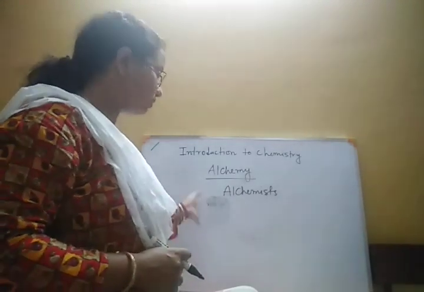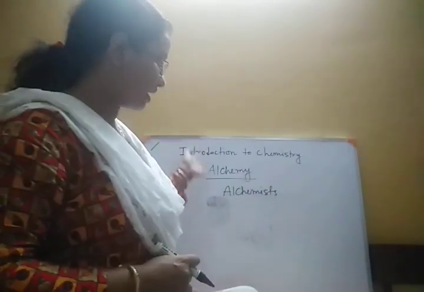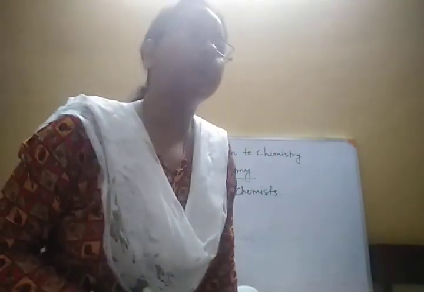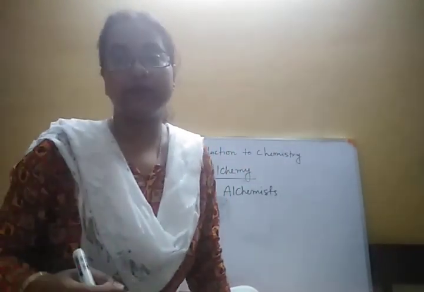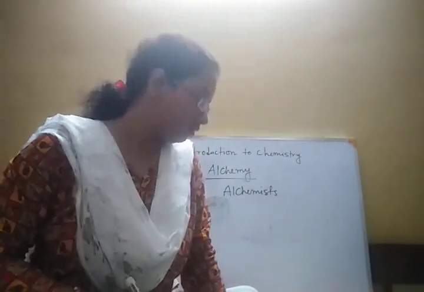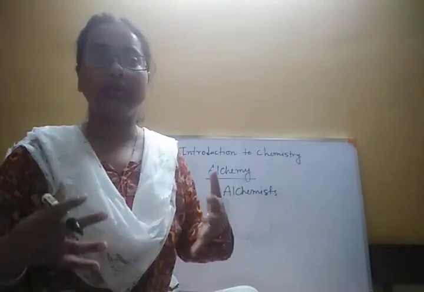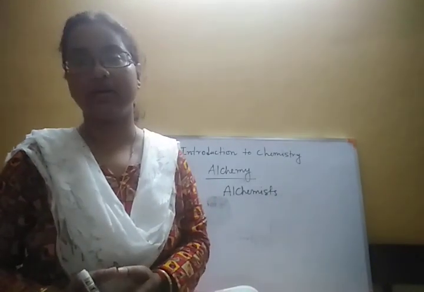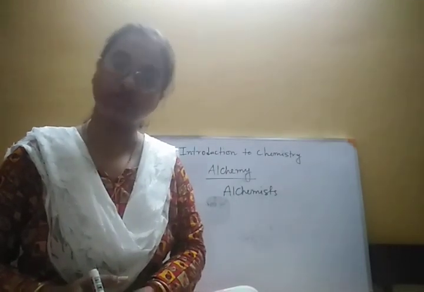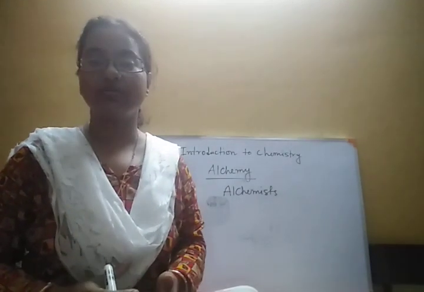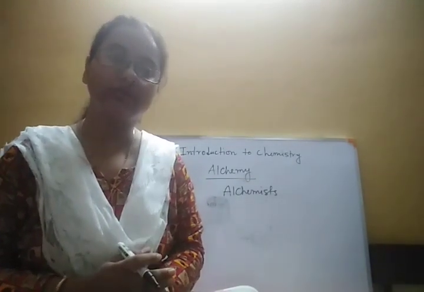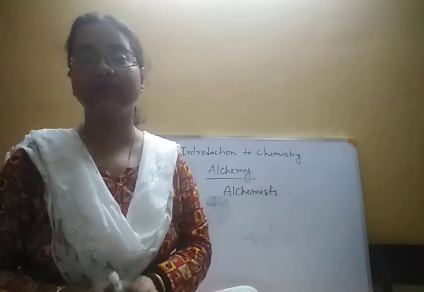Now why are we calling them alchemists? These alchemists were trying to convert certain non-precious metals into gold. This process of converting non-precious metals into gold is called transmutation of metals. Transmutation means from a certain metal we get some different metal.